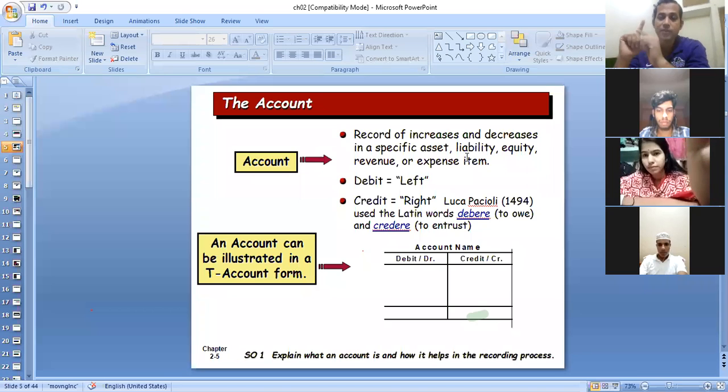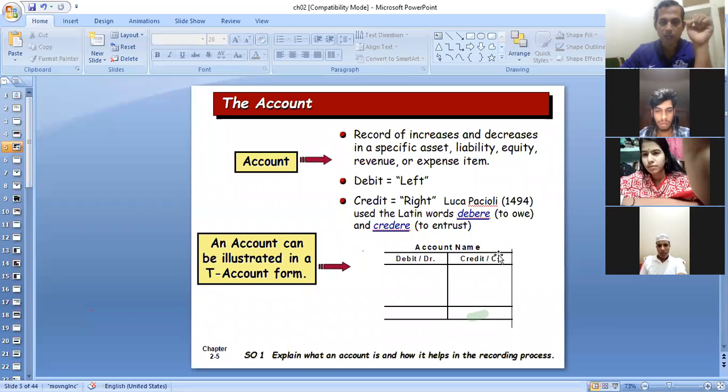So for every transaction we have an account that's called the debit account, and for every transaction we have an account that's called the credit account. We show this debit and credit in a T account, as you see in the slide.